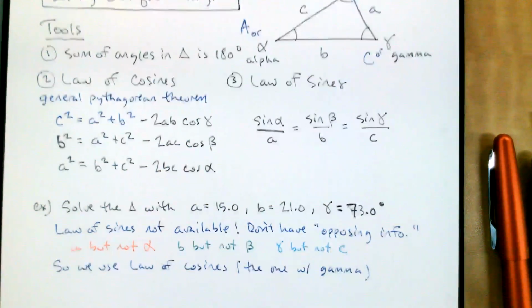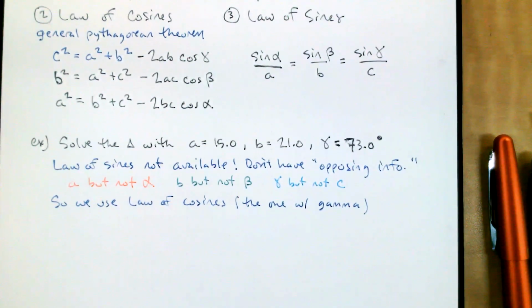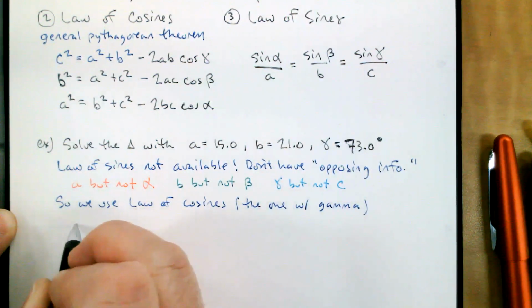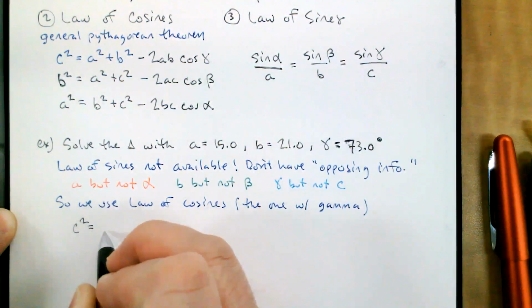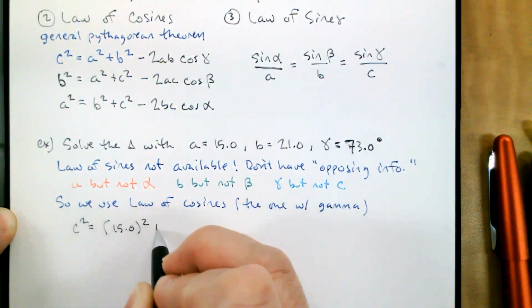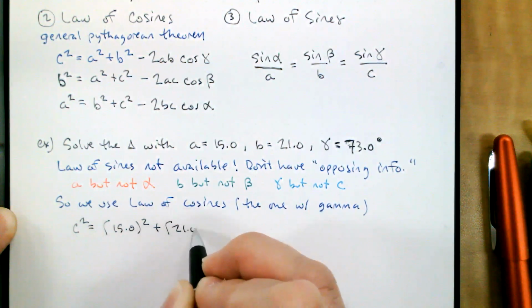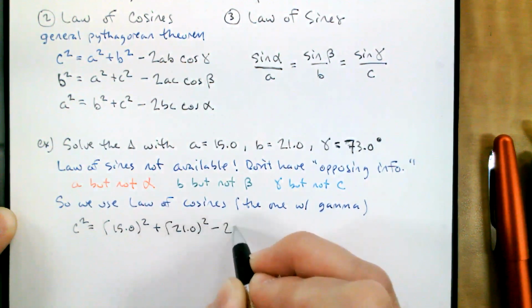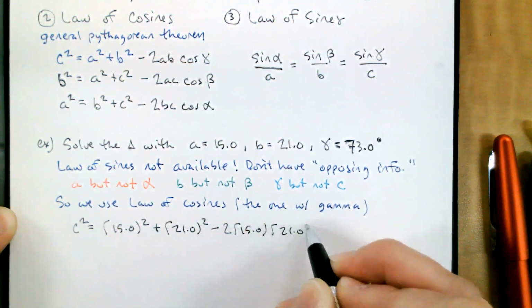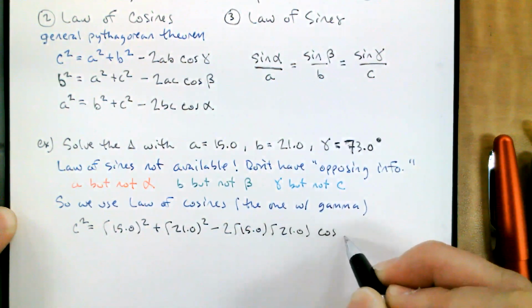So we're going to use the law of cosines, specifically the one with gamma in it. And I'm going to use that to solve for C. So that first line of the law of cosines says that C squared is equal to A squared plus B squared minus 2 times A times B times the cosine of gamma.